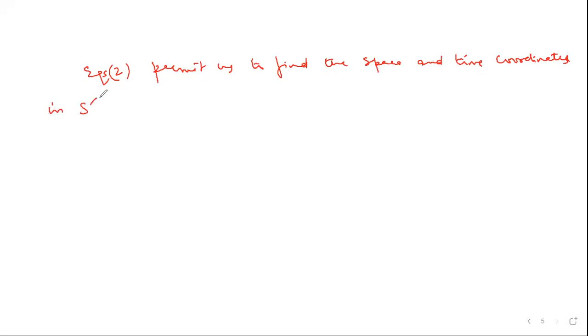So equations 2 permit us to find the space and time coordinates in S prime if we know those in S.